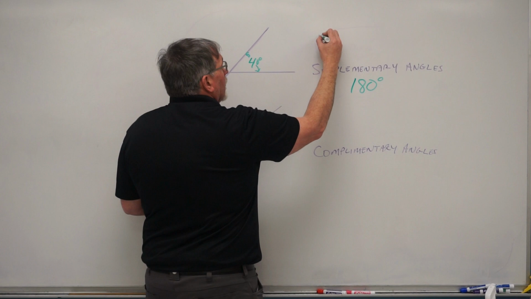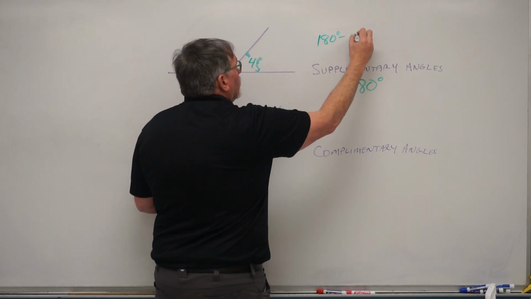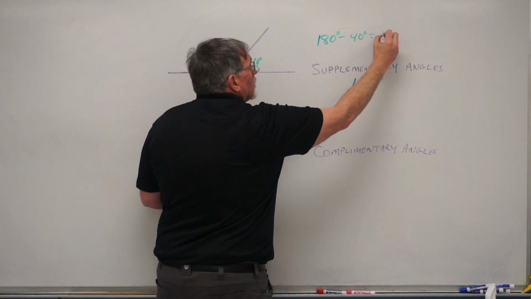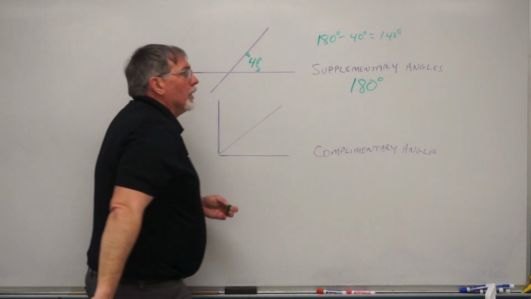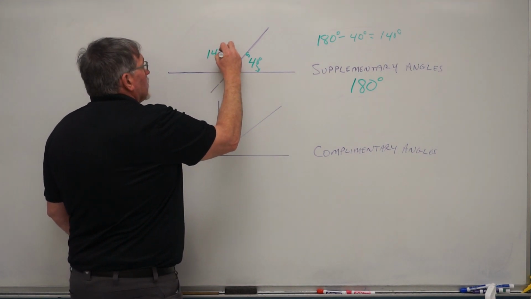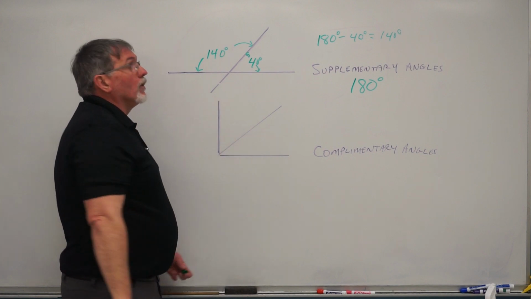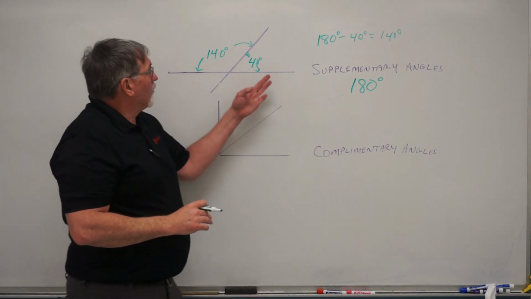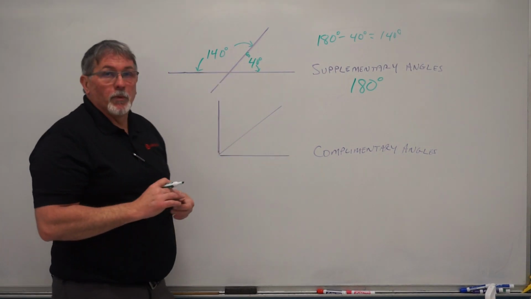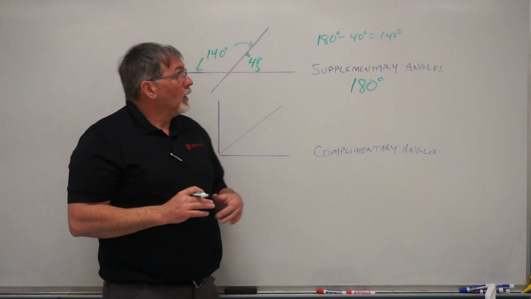Well, very simply, it's 180 degrees minus 40 degrees. So that angle will equal 140 degrees. So from here to here is an angle of 140 degrees.